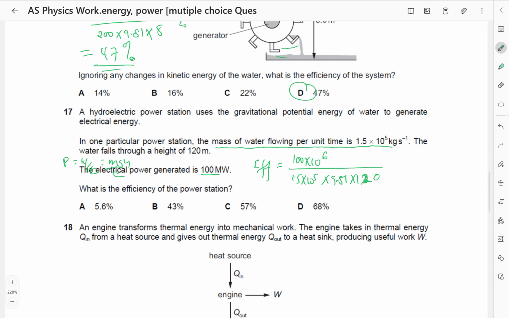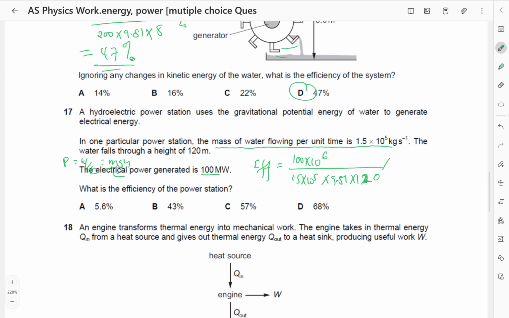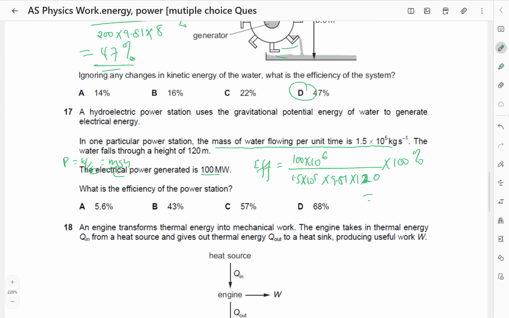So this is 100 times 10 power 6 divided by 9.81 times 120 times 1.5 times 10 power 5. I will multiply this by 100 because they are expressed as percentages, which is approximately 57%. So the answer is going to be 57%, which makes it C.